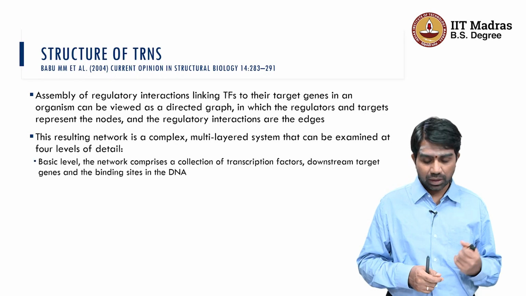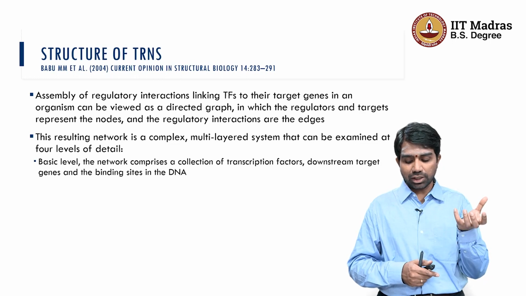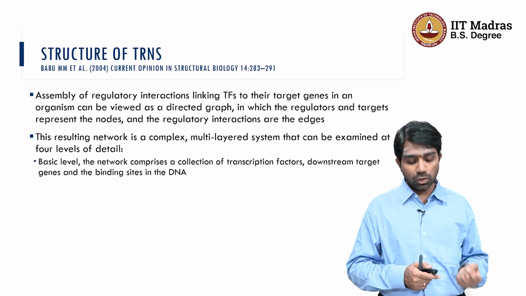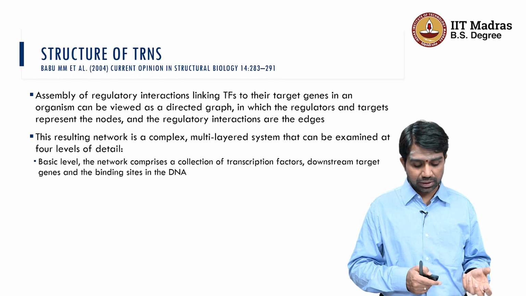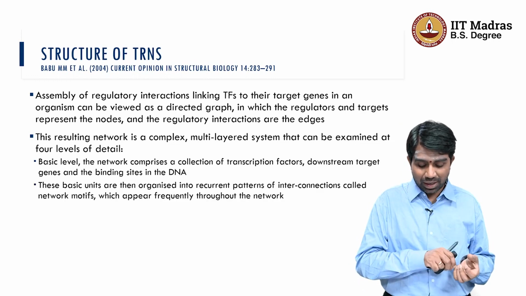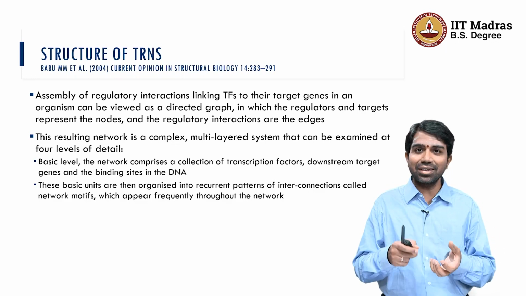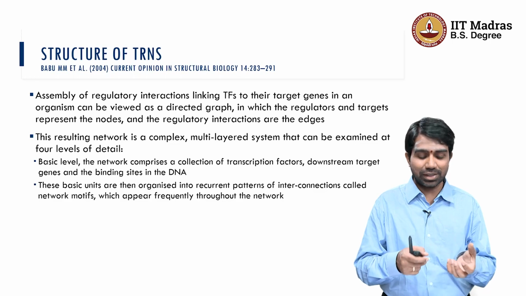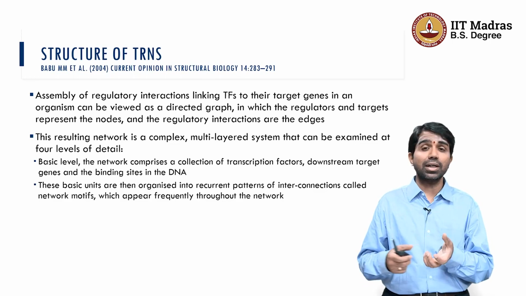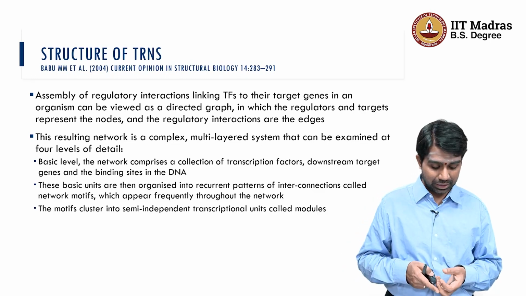What are they? The basic level, where you just look at the network comprising a collection of transcription factors and the downstream genes and the binding sites in the DNA, and these basic modules are then organized into motifs and recurrent interconnection patterns, right? That's what we said a motif is, which appear frequently throughout the network. So you can have like a bifan, a feedback loop, and things like that.